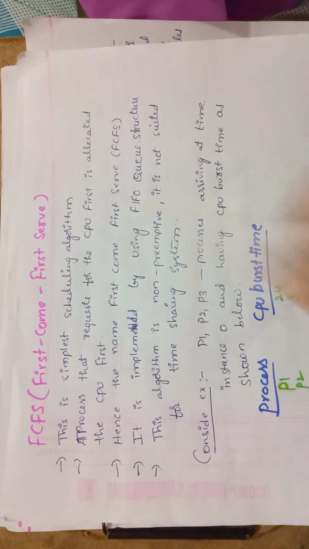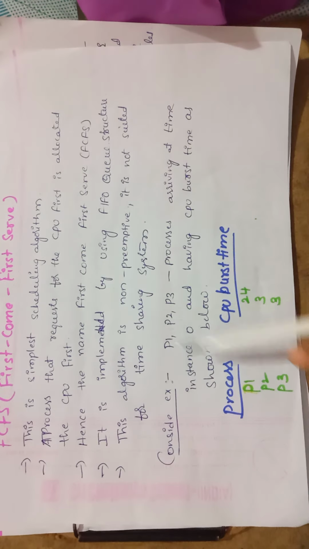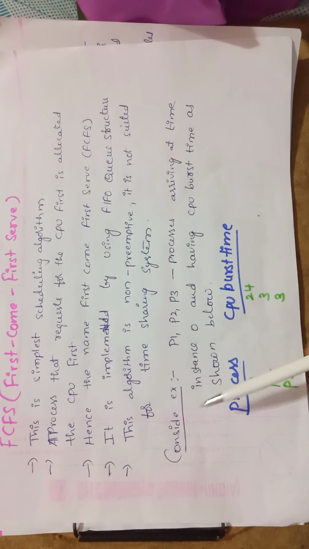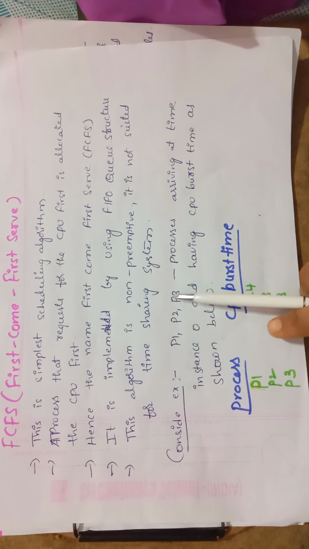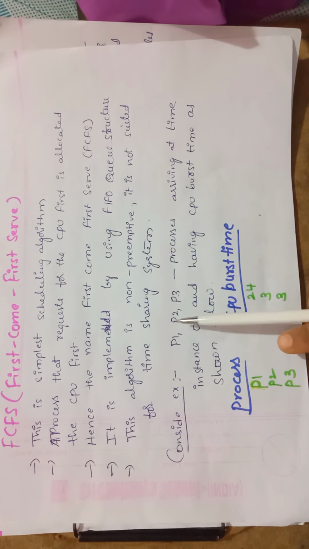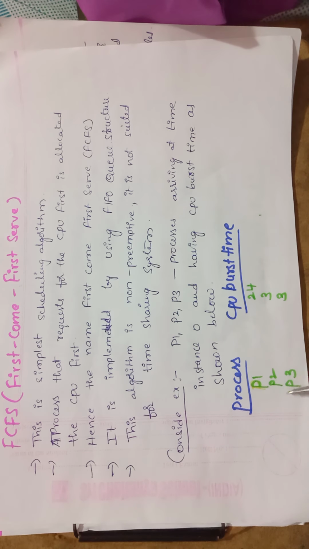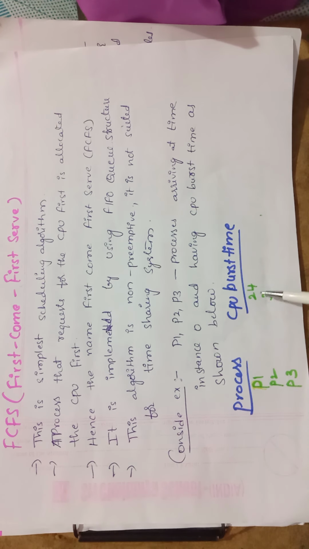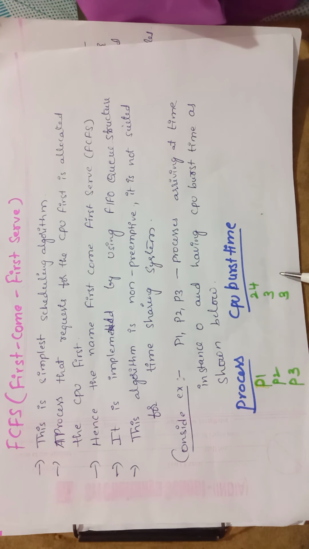Now we'll consider an example. There are processes P1, P2, P3 waiting at a time. At instant 0, these processes P1, P2, P3 are arriving, and their CPU burst times are as follows: the process P1 requires 24 seconds, process P2 requires 3 seconds, and process P3 requires 3 seconds.